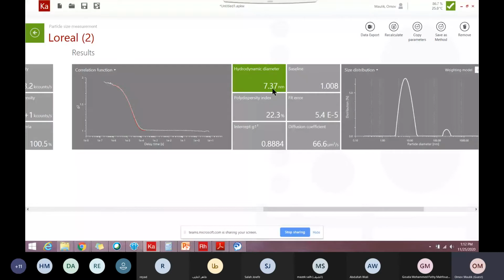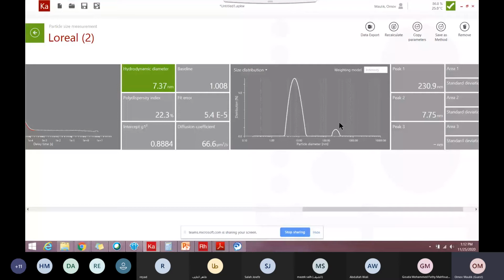Although you can also see a very small peak at a very high particle size. This may be because of some dust particles, which can be there in the cuvette itself. Because I have reused this cuvette, which is a disposable cuvette, there might be some dust particles already in it.